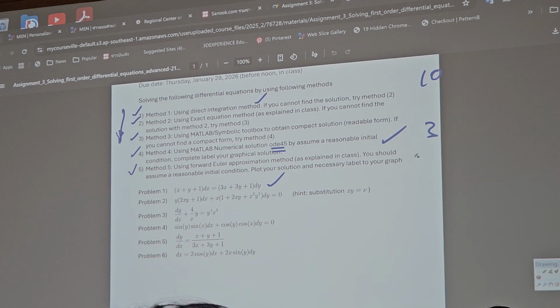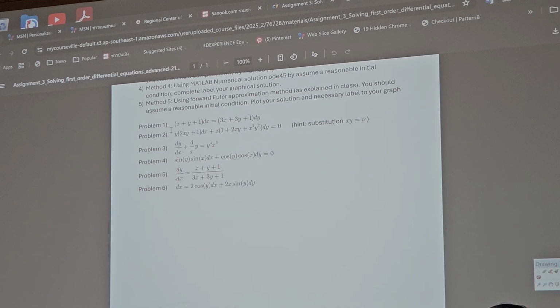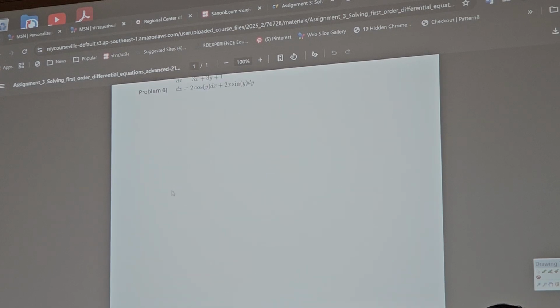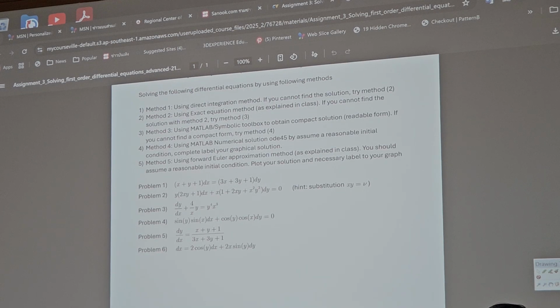Something like that. I think it's better to do all of them, right?